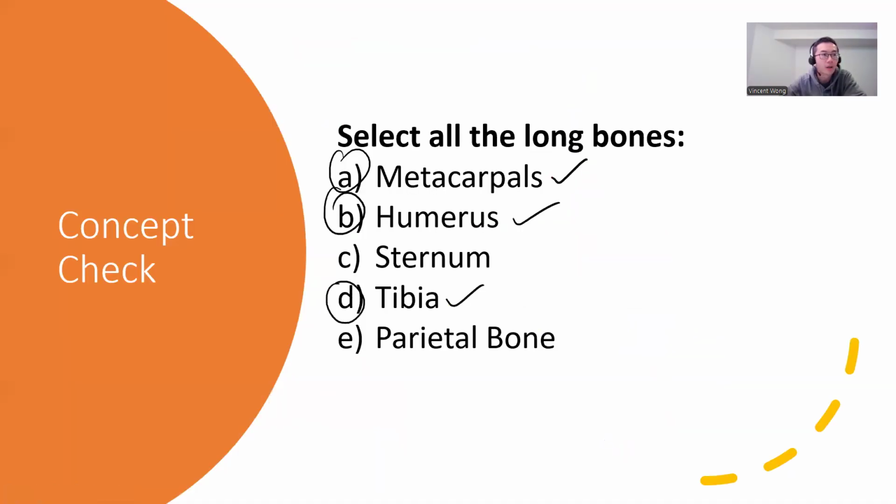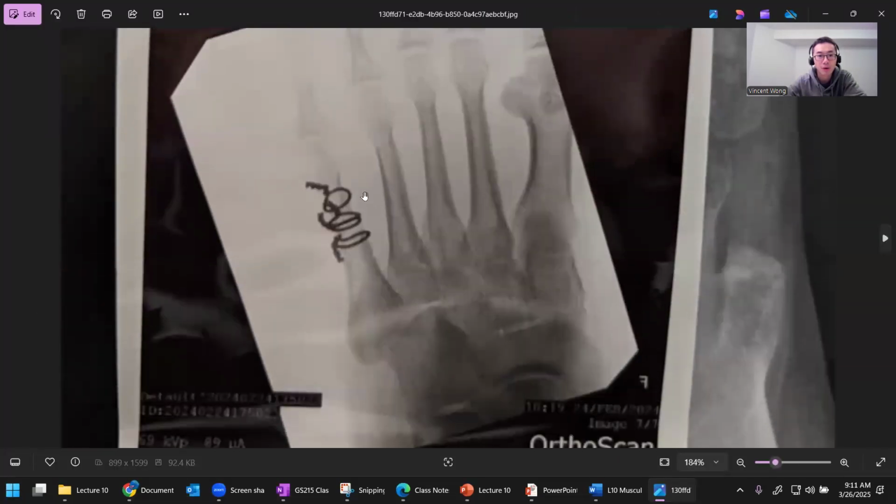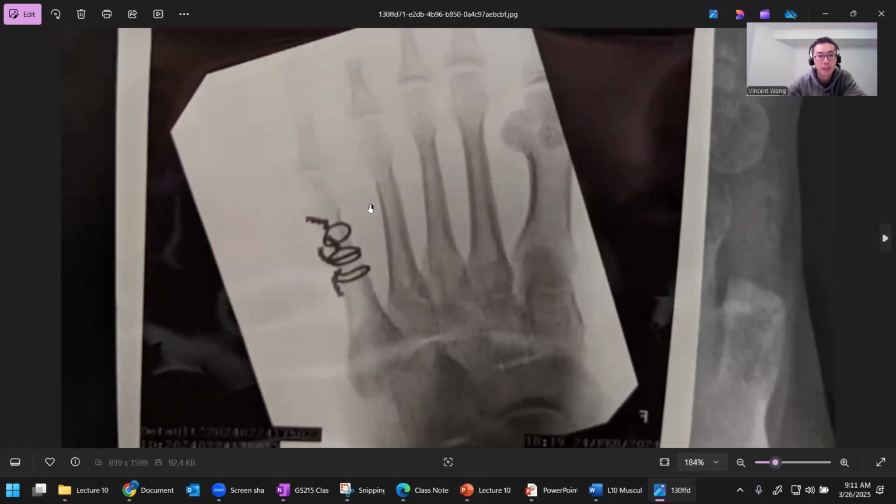My sister-in-law fell off the stairs recently, and she broke a bone in her foot. What bone is this? This is her foot. Can you tell what bone this is?